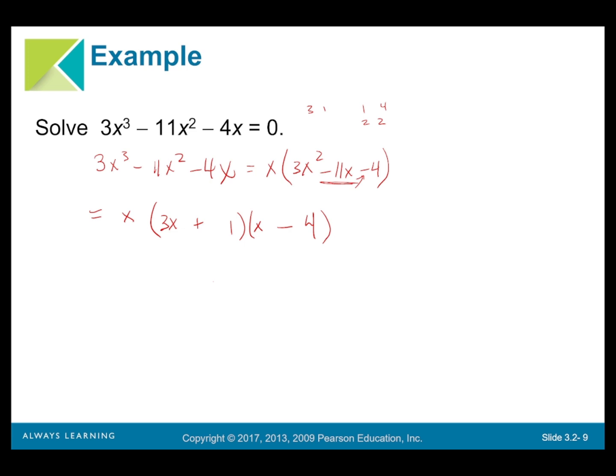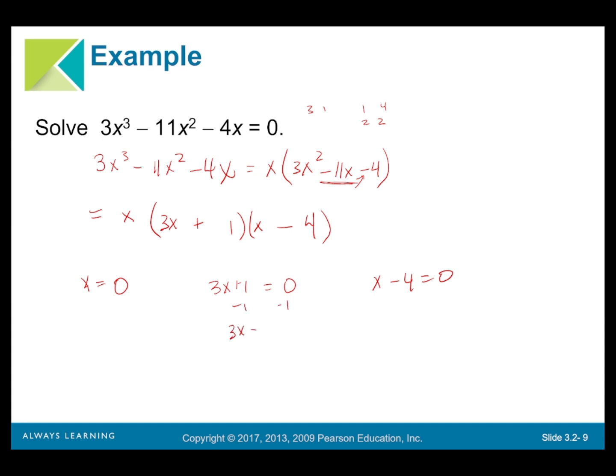Now we have three things that multiply to 0, so we're going to set each thing equal to 0 and find our three different solutions. So we set x equal to 0, and that's going to be one of our options. We're going to set 3x plus 1 equal to 0 and solve for x. And then we're going to have x minus 4 equal to 0 and solve for x. So I subtract 1 from both sides here.